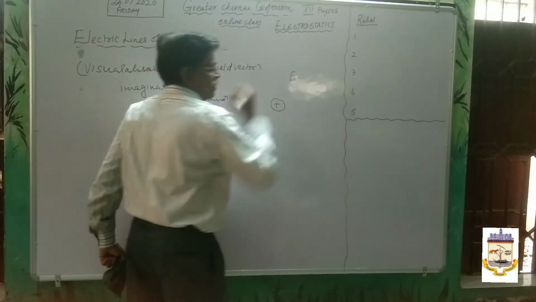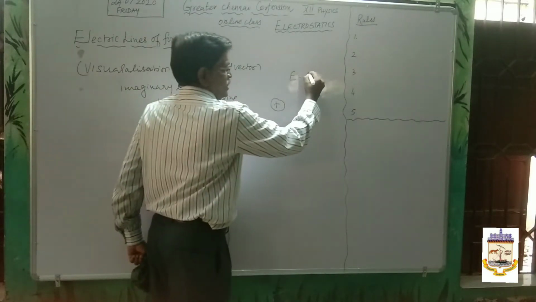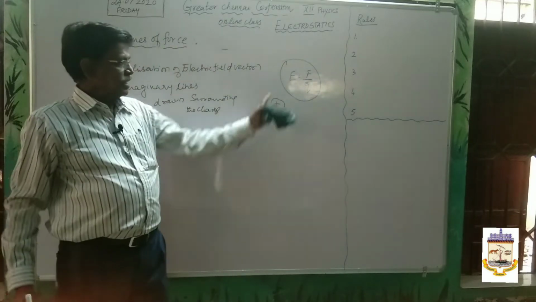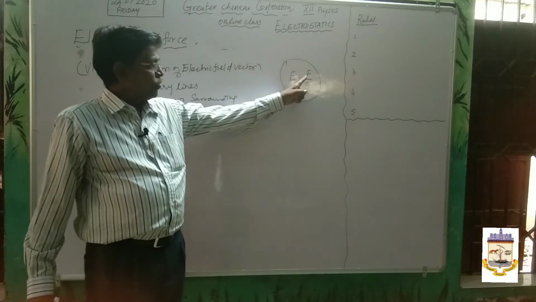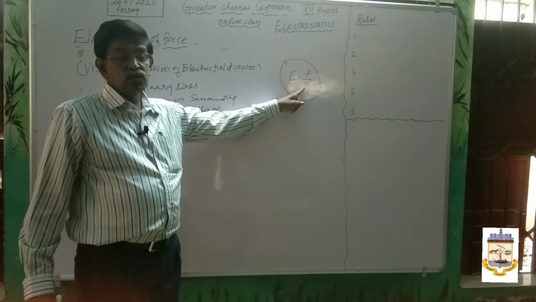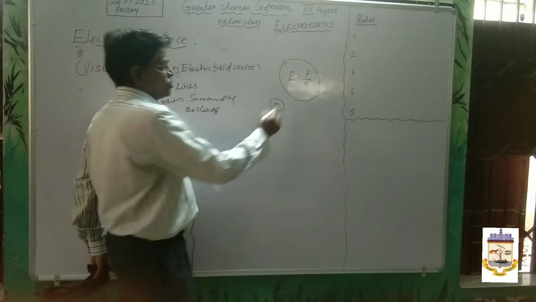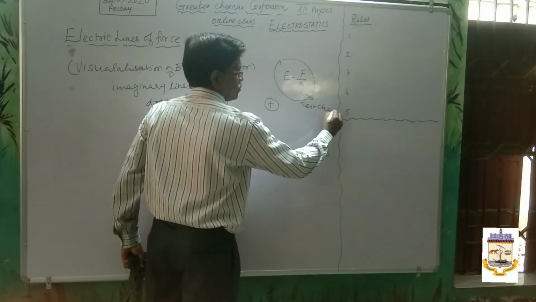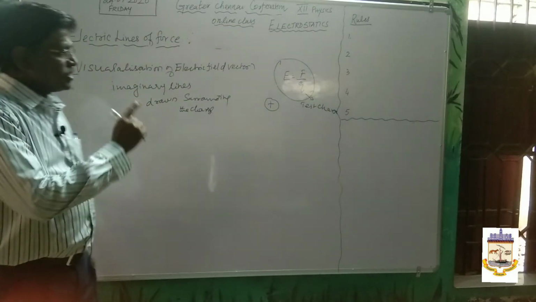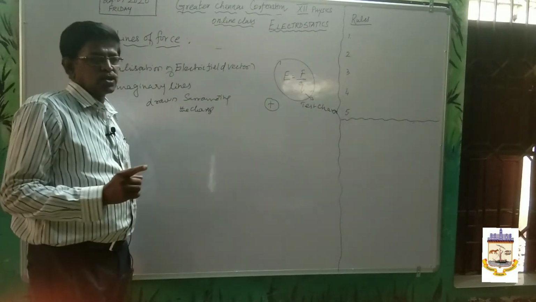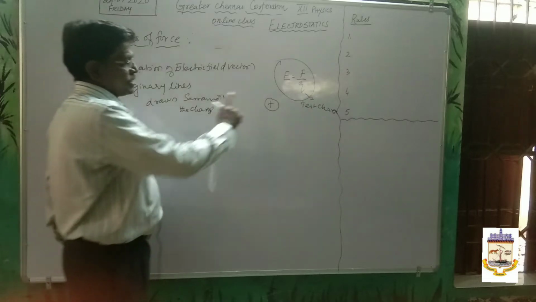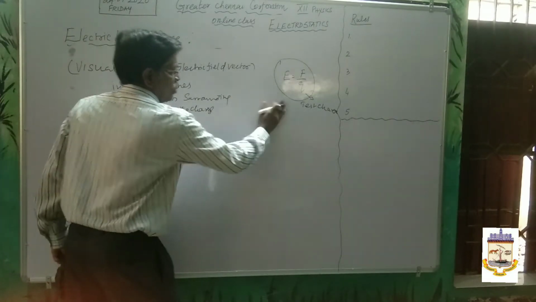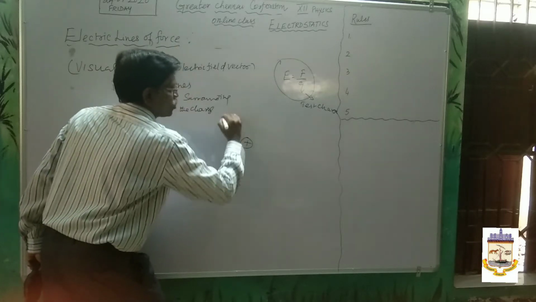According to the definition of electric field, E equals F by Q. Electric field is defined as the force acting on the unit positive charge, or otherwise you can say the test charge. So electric field is nothing but the force acting on the test charge. This is the definition. So using this definition, now you can draw the lines.